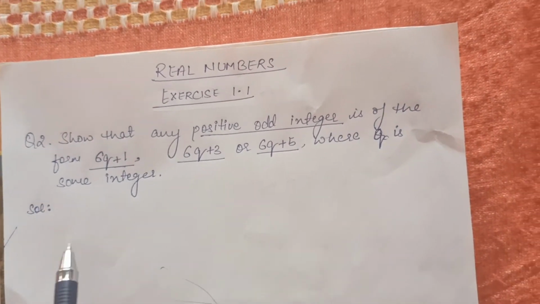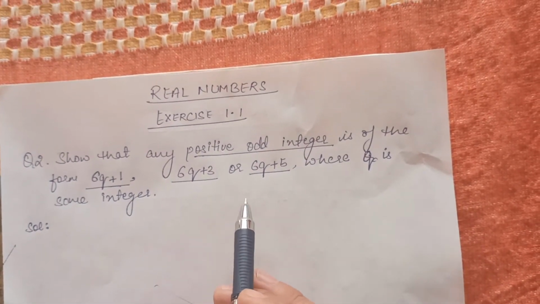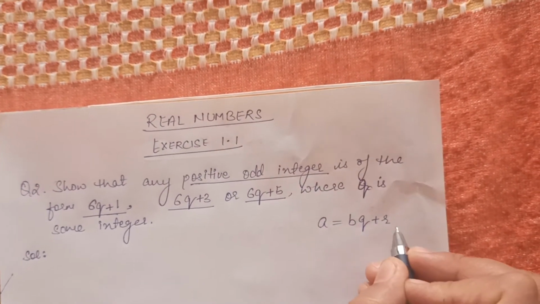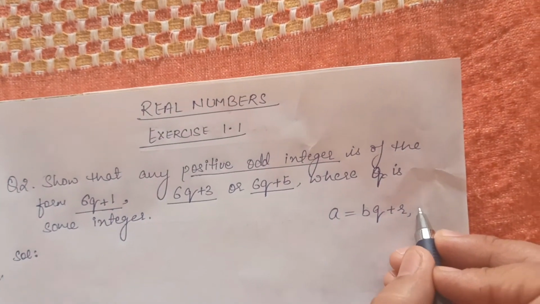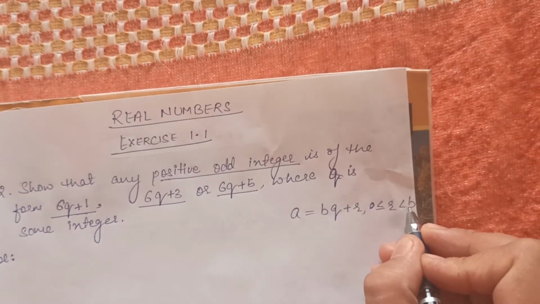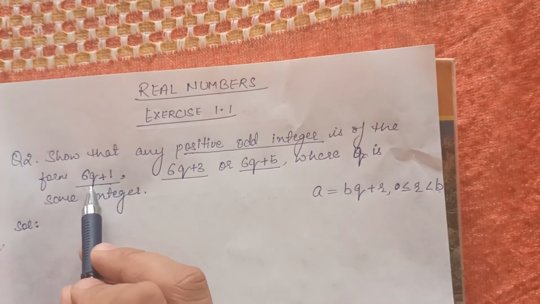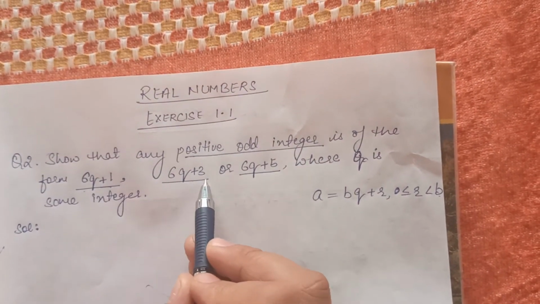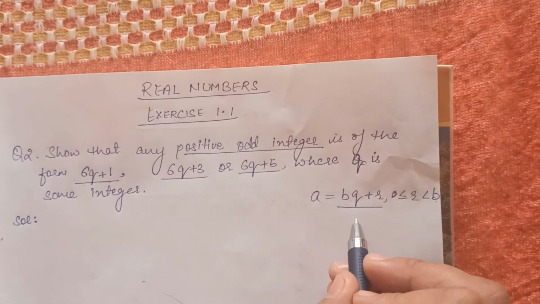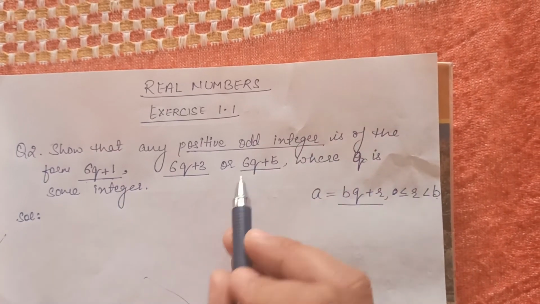It says that given any two positive integers a and b, a is equal to bq plus r, where 0 is less than or equal to r is less than b. We already know that. Now if you look at these integers 6q plus 1, 6q plus 3 and 6q plus 5, they are of the form bq plus r. So here one thing is clear, that we will take b as 6.